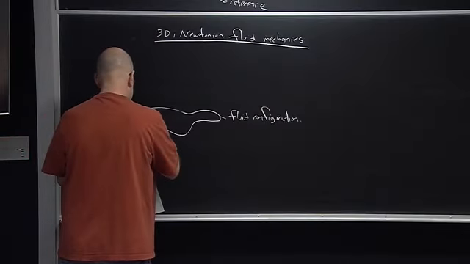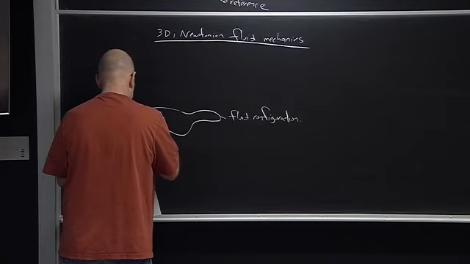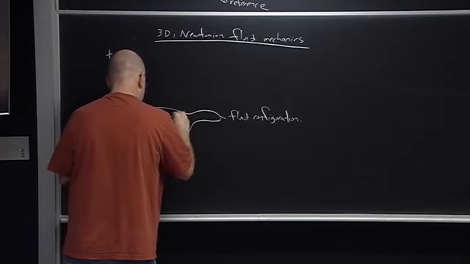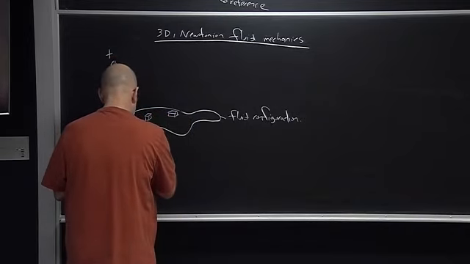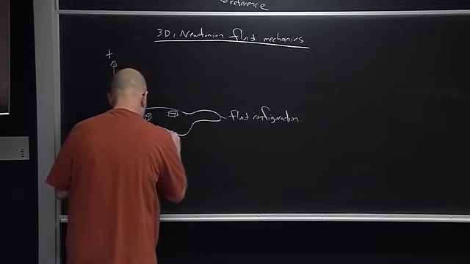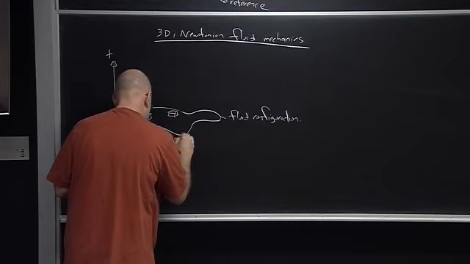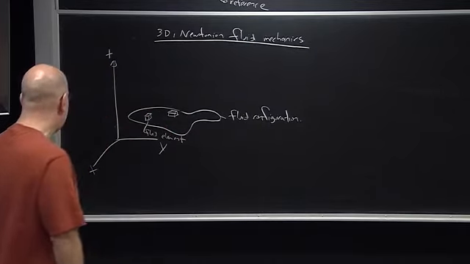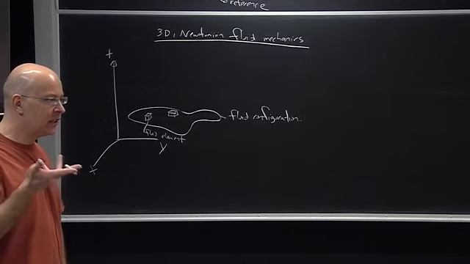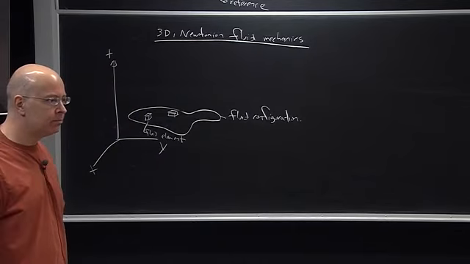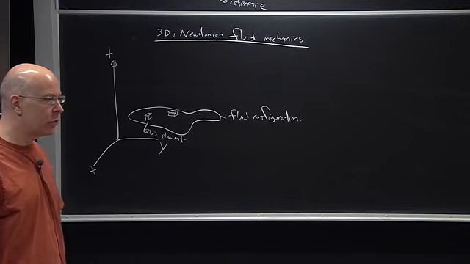So over here, for example, we have one fluid element. And over there, we have another fluid element. So this is a fluid element. And what you do in fluid mechanics is, as the system evolves, as the fluid configuration evolves in time, you track the motion of each fluid element.